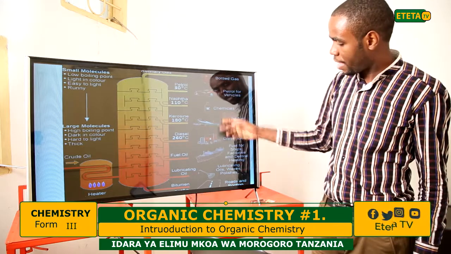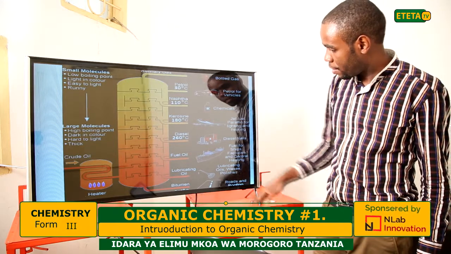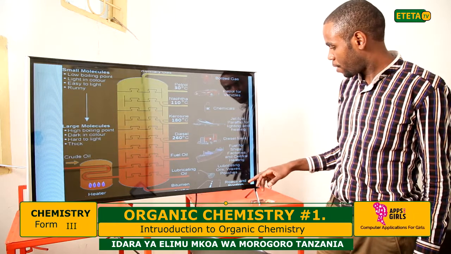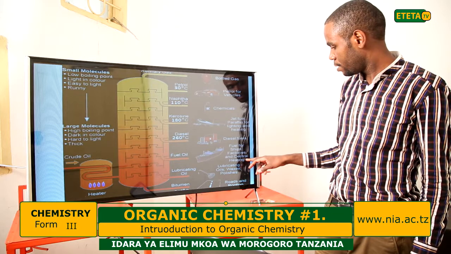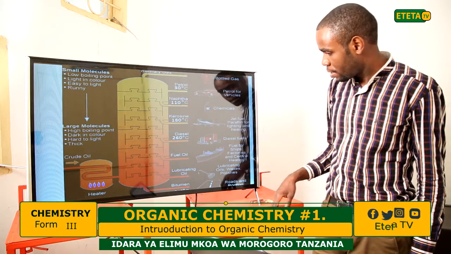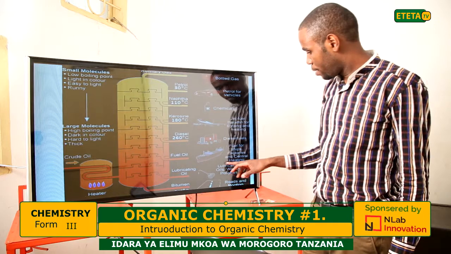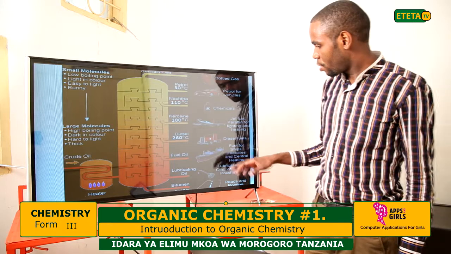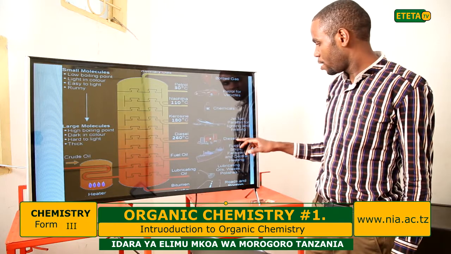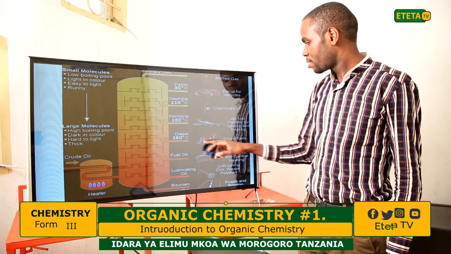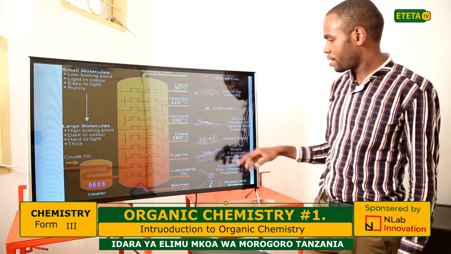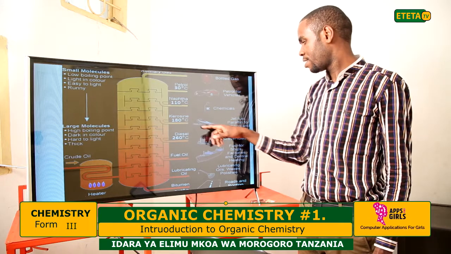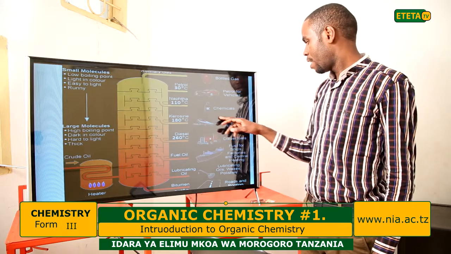And here are their uses. The fuel oil is used as fuel for ships, factories, and central heating. Lubricating oil is used for lubricating different things. Diesel fuel is used in cars. Kerosene is used as jet fuel.